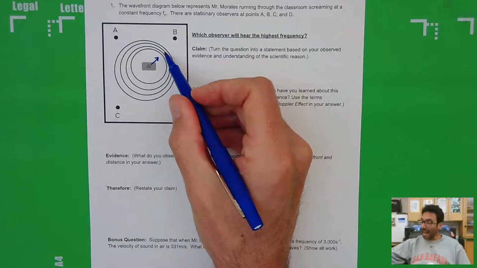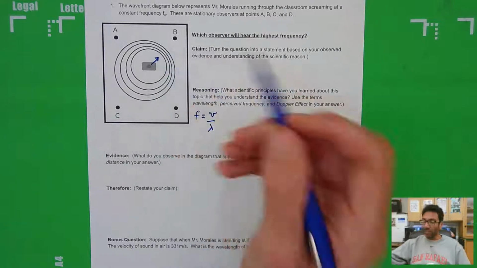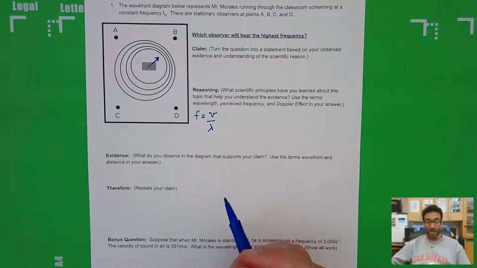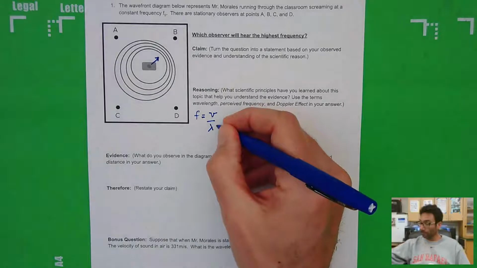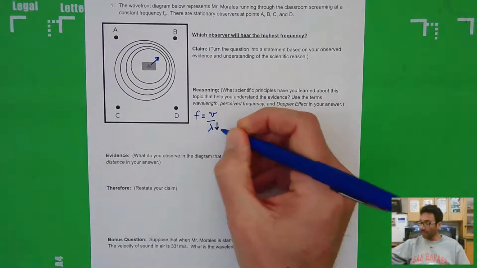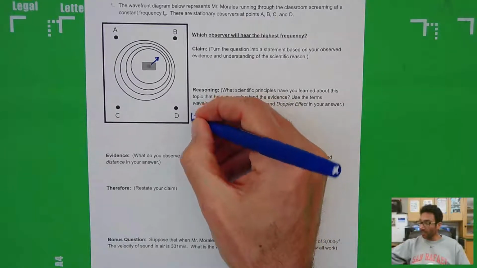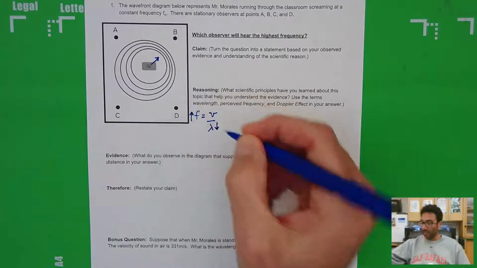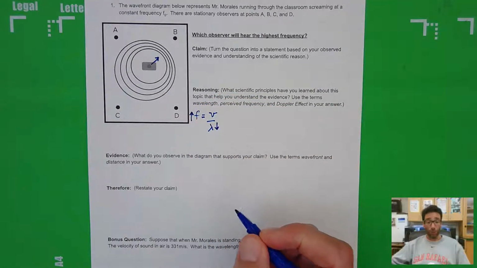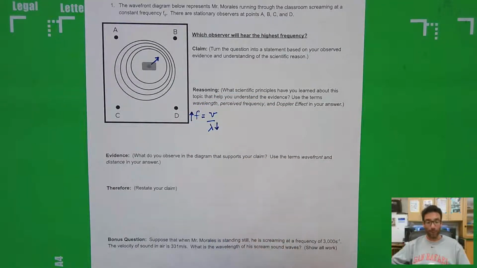So as these waves get closer together, meaning their wavelength is getting smaller, wavelength is decreasing, that means that the frequency is increasing. So smaller wavelength means a higher frequency. Remember, frequency is like pitch. So to say the frequency is getting higher means that the sound is higher pitched.